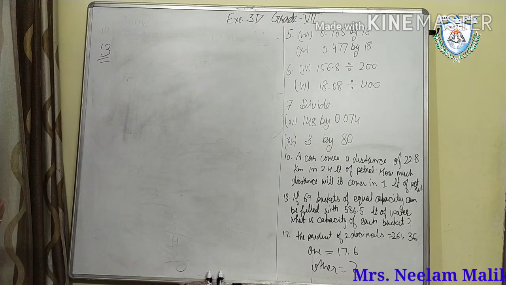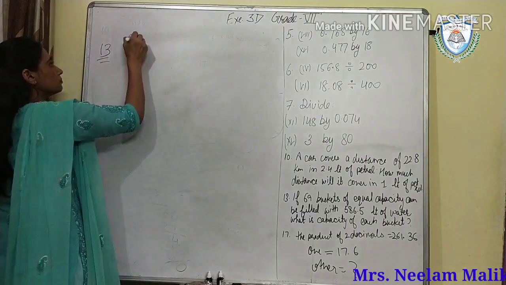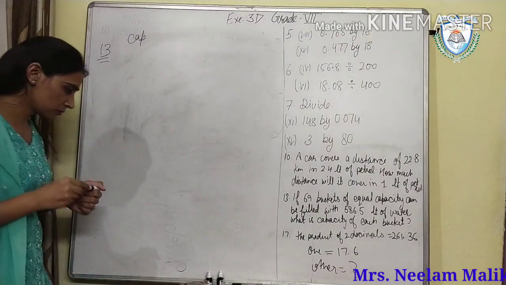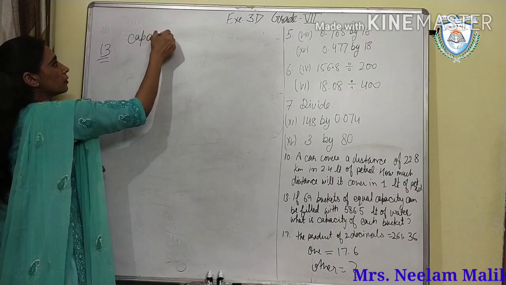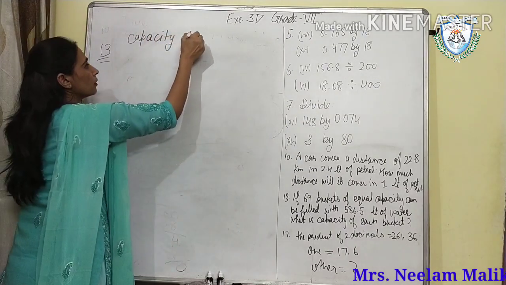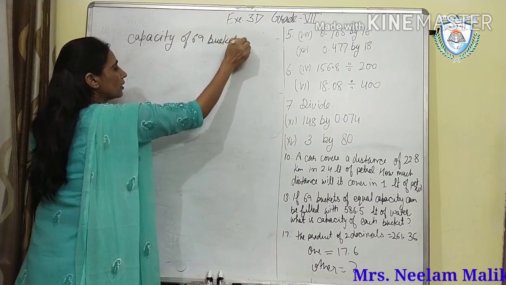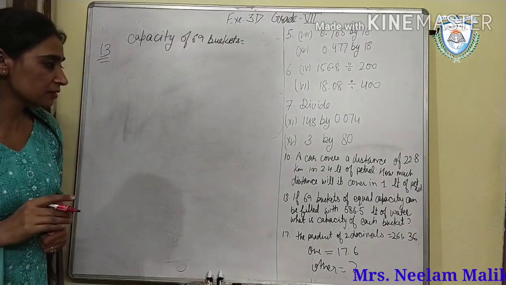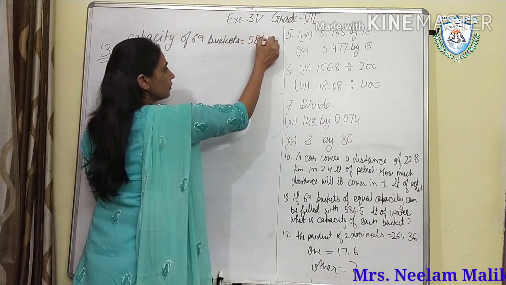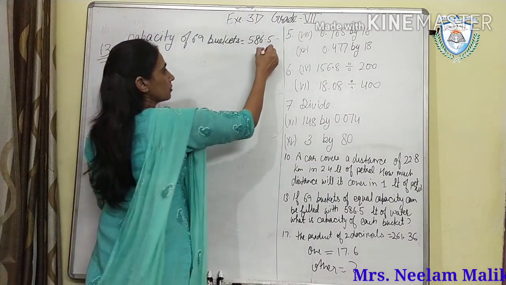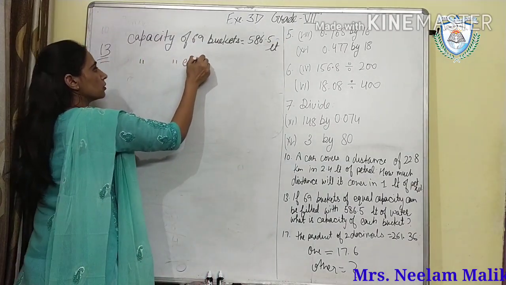The capacity of 69 buckets is given, so we will write here: capacity of 69 buckets. What is that? That is 586.5 liters. So we have to find the capacity of each bucket.